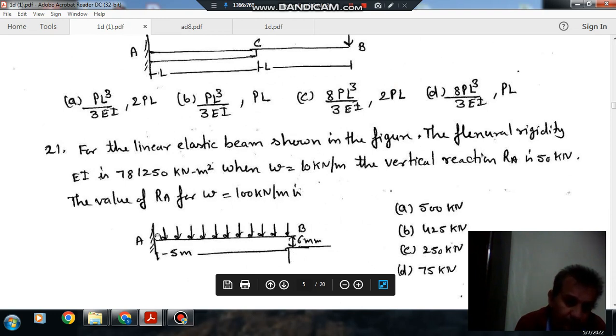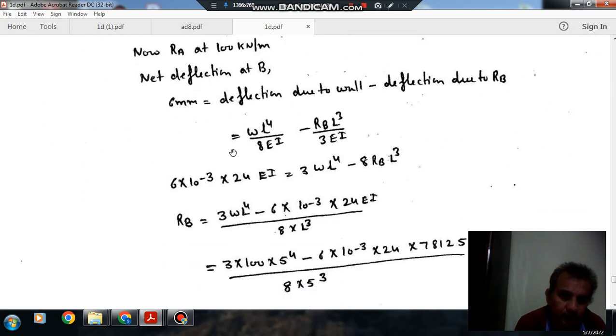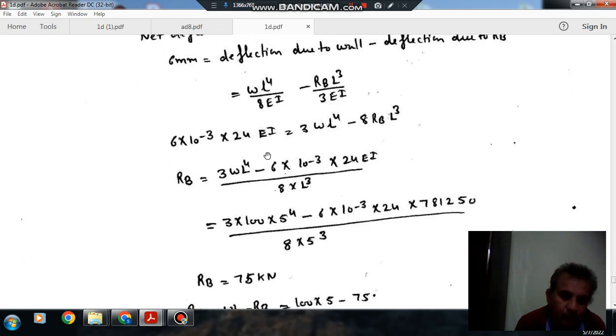Taking RB in kilonewtons and L in meters, we get 6 into 10 to the power minus 3 into 24EI equals 3wL to the power 4 minus 8 RB L cube.